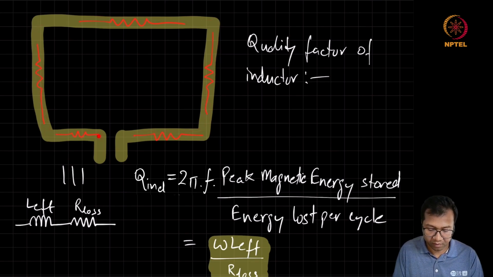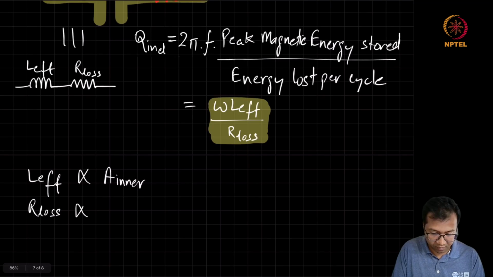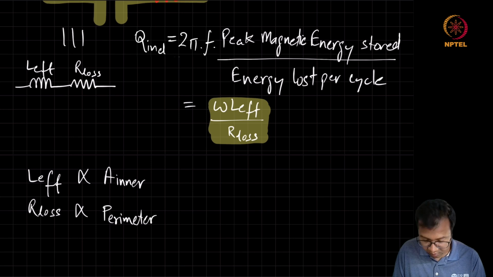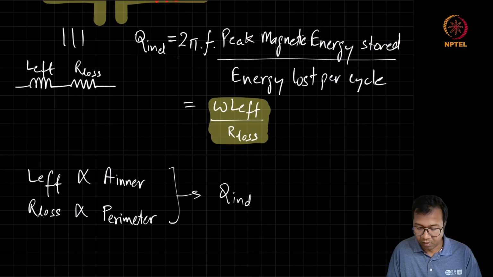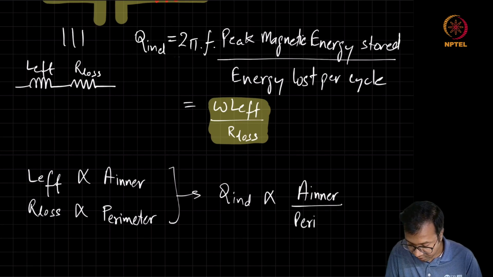So in a way, it depends on the perimeter of the inductor, whereas the effective inductance depends on the inner area. So this is the perimeter. So it implies the Q of an inductor is proportional to the inner area to perimeter ratio.